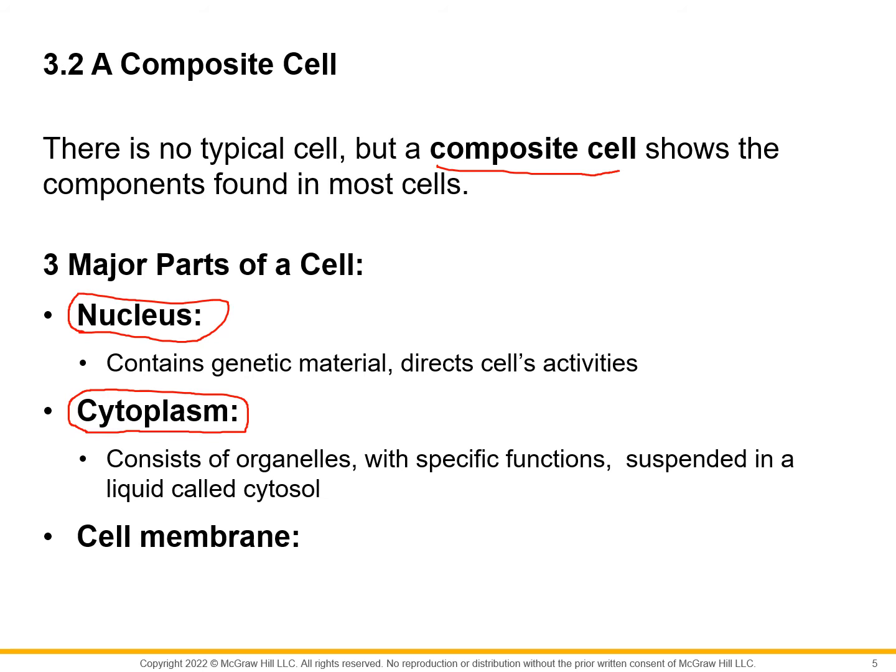The liquid is called cytosol. Cytoplasm is the cytosol, the liquid, plus all the organelles that are in there. So cytoplasm is more than just the liquid. All right, so cytosol is specifically the liquid, cytoplasm is that liquid plus the organelles. And then we have the cell membrane, and we're going to look at the cell membrane in this video.